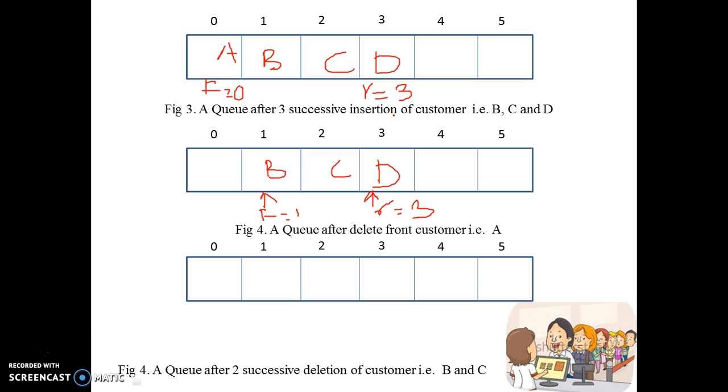After removing A, we can remove 2 successive customers, that is B and C. Then the position of front becomes 3 and rear remains the same, that is 3. In this case, the front and rear value is similar. That means the particular queue contains only one value.